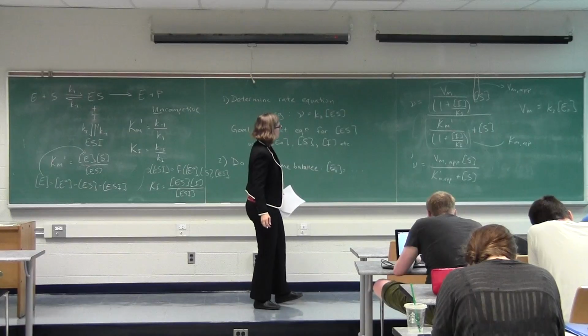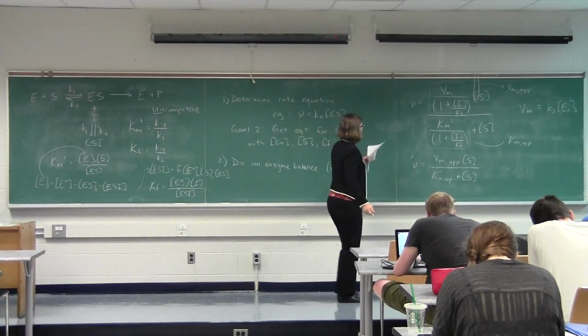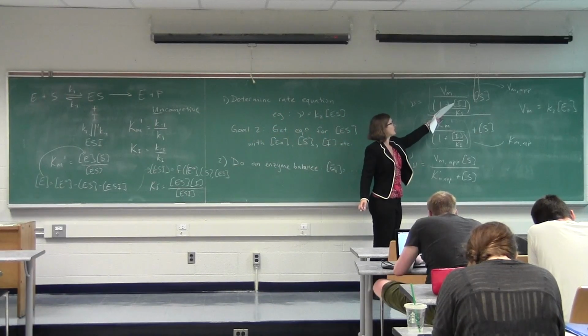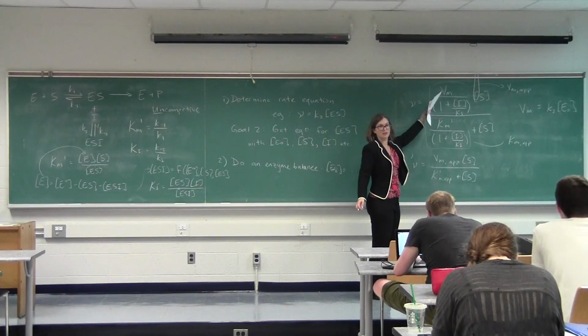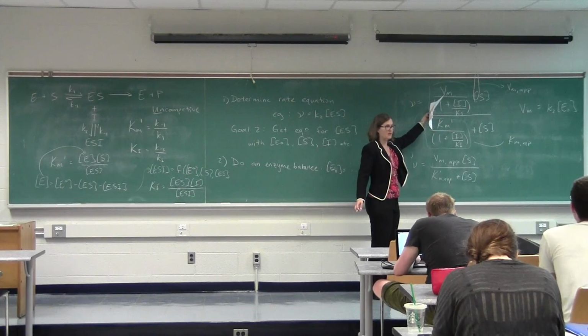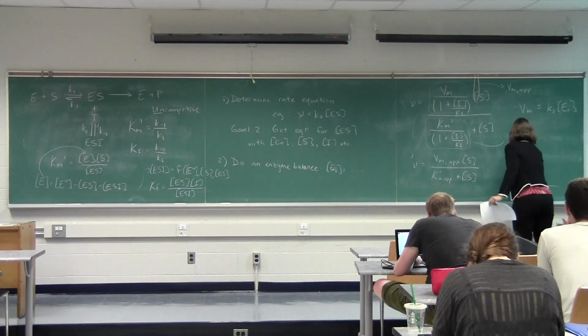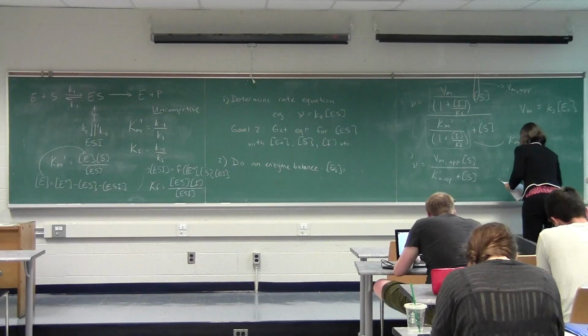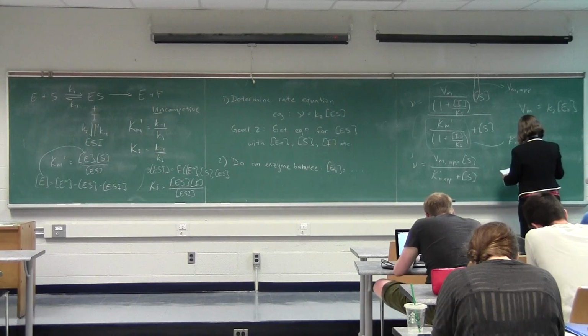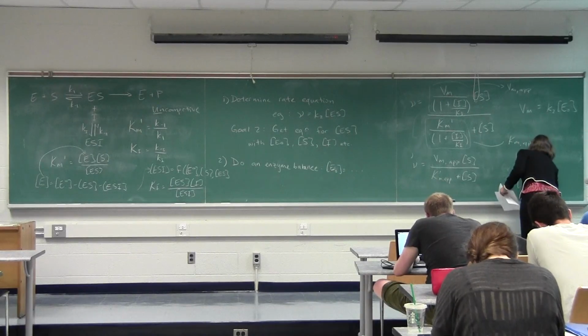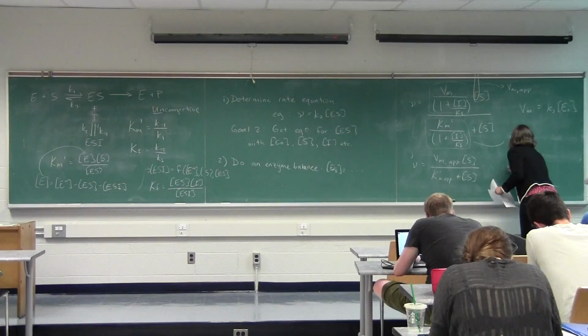So again, what it's telling you is that if you have lots of inhibitor, in this case for uncompetitive inhibition, you're going to get to... so we've got substrate concentration against rate.